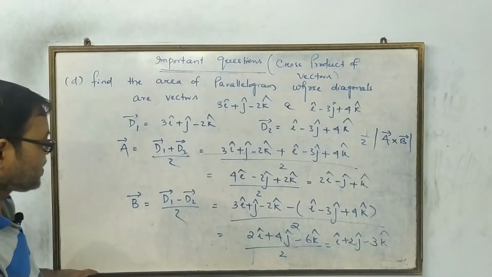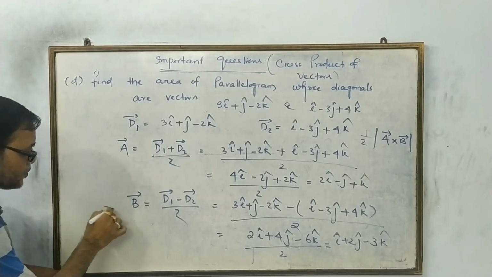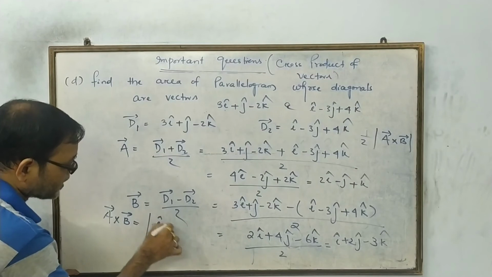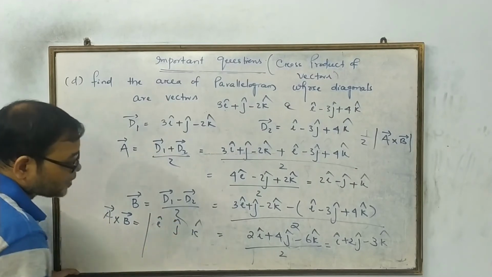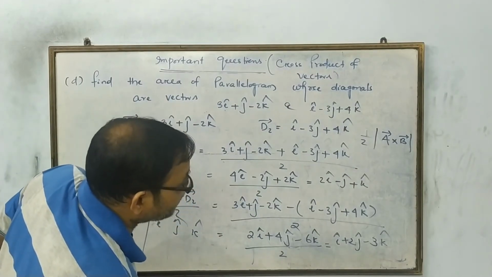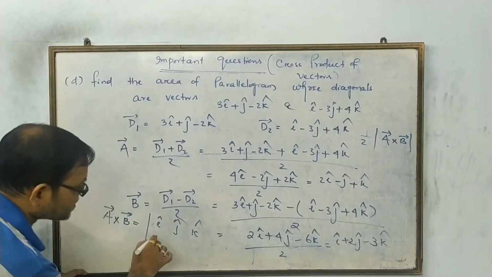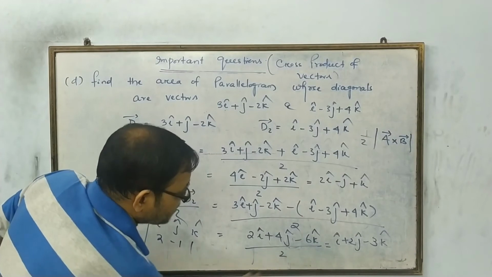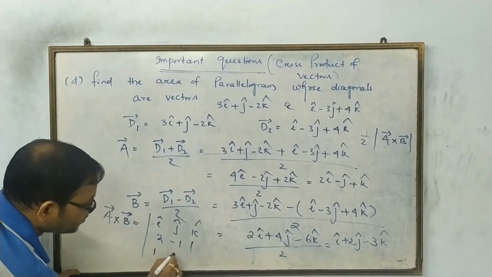At first you find out a cross b. I don't want to discuss more and more a cross b about i, j, k. Then your answer would be 2i minus j plus k, then i plus 2j minus 3k.